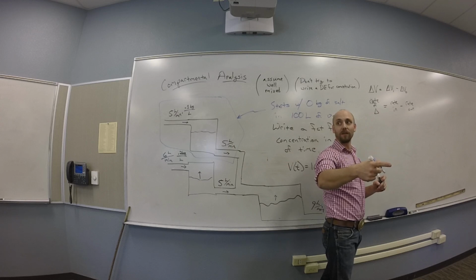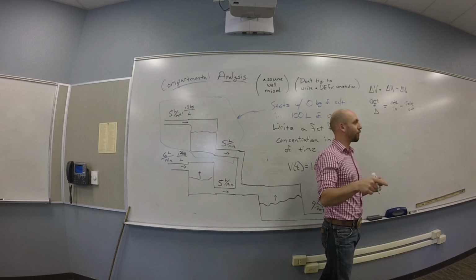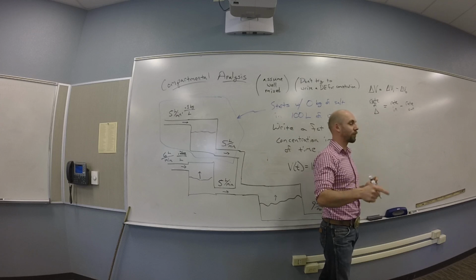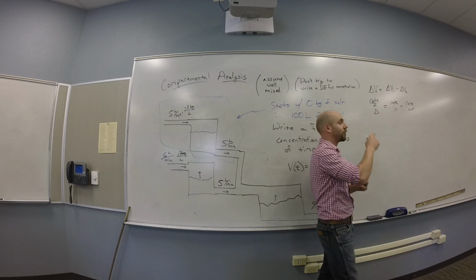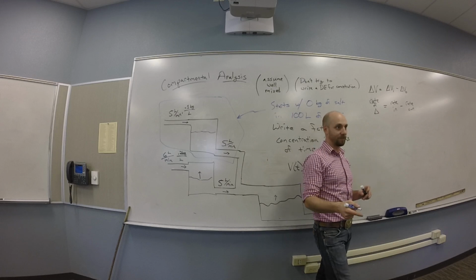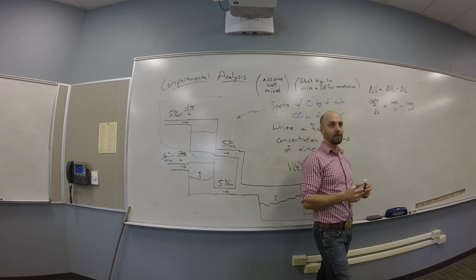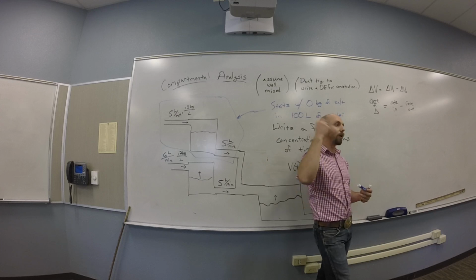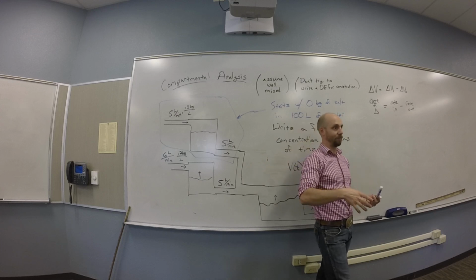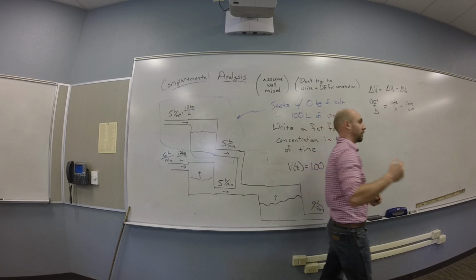You guys see that? So the key is you don't write a differential equation for concentration. You write a differential equation for the amount of whatever it is, like the raw stuff that's dissolved in the water. So you imagine pulling the water up, throwing it away, what would be left? We would multiply those.